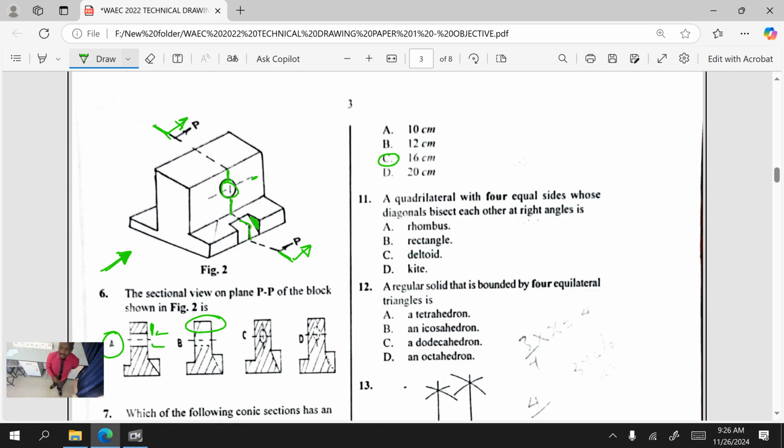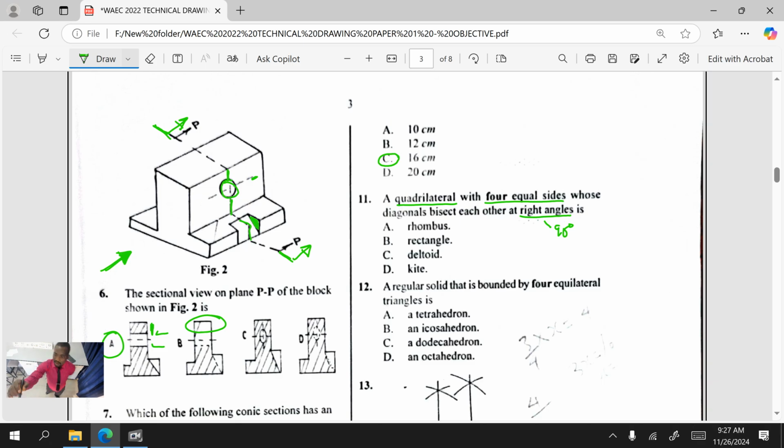Question 11. A quadrilateral with 4 equal sides. 4 equal sides. Take note. Whose diagonals intercept each other at right angles. I've told you once, right angle stands for what? 90 degrees. 4 equal sides. That means it's going to be a quadrilateral. Good. Then they're asking us which of these.